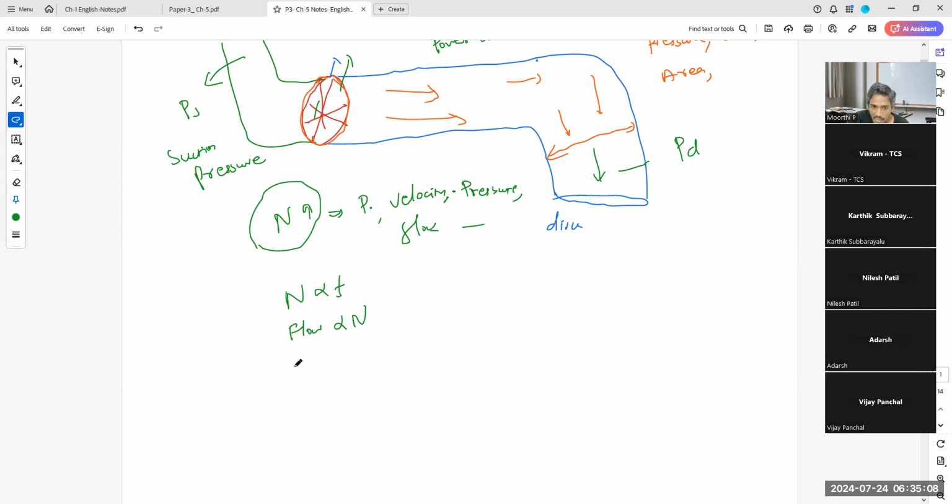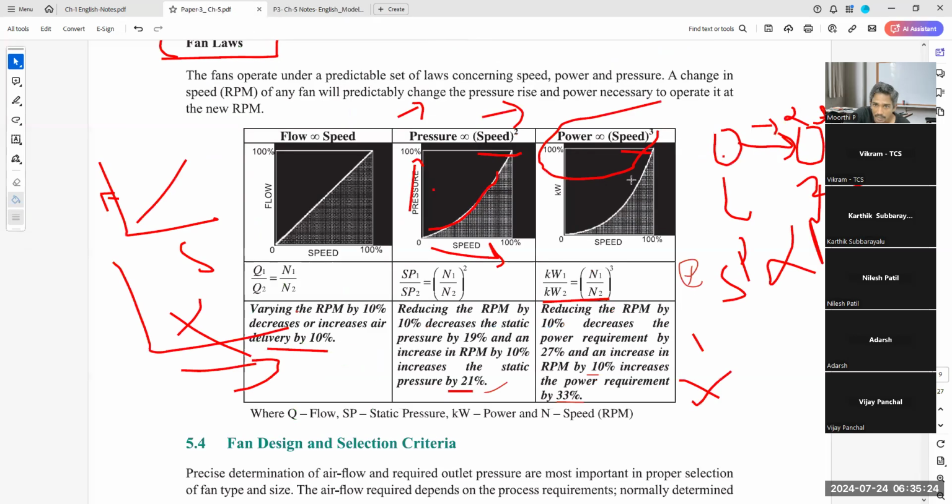When the speed square term increases, static pressure also increases, but it's a square term. Very important. Next is power. Power directly proportional to speed cube.